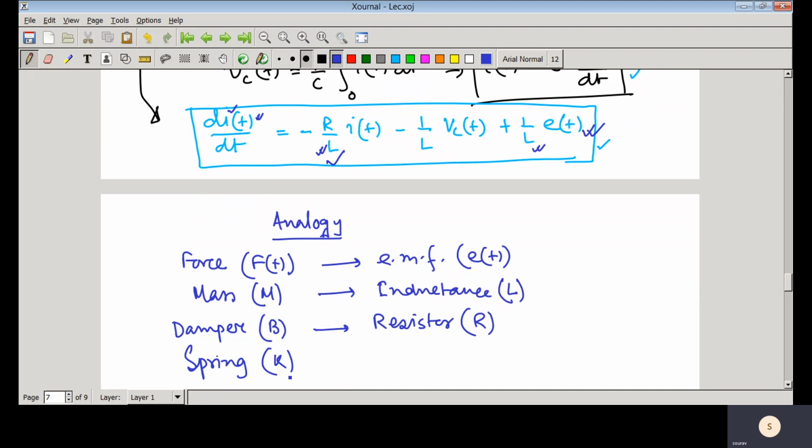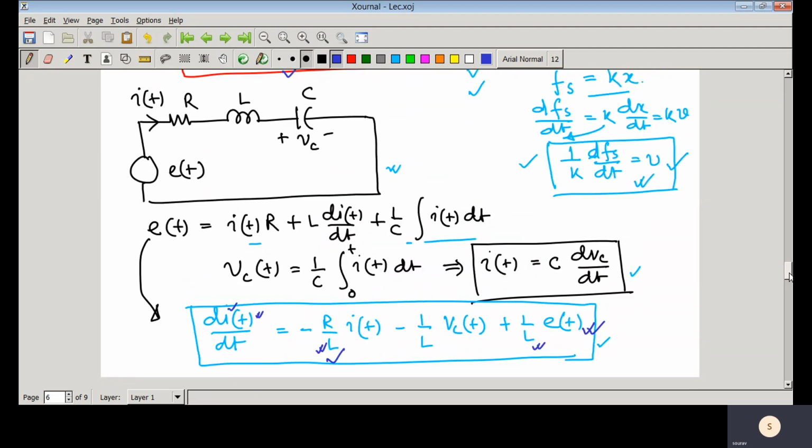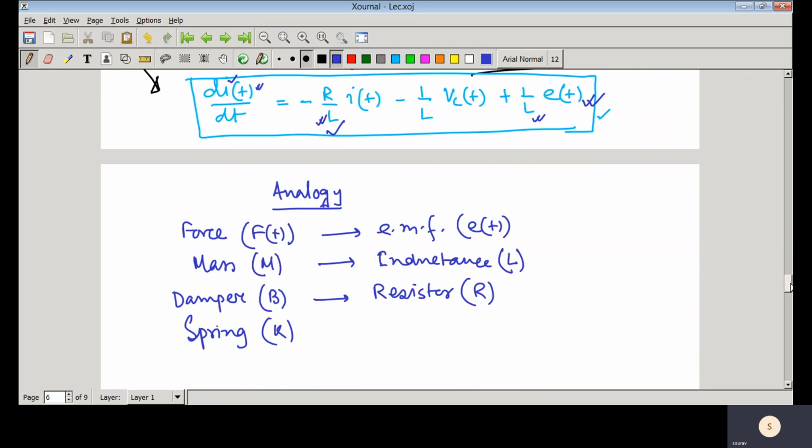for the spring K, you can look at this equation i equal to C dVc/dt, and here dF/dt equal to K times v. So that means the C and 1/K have an inverse relationship.